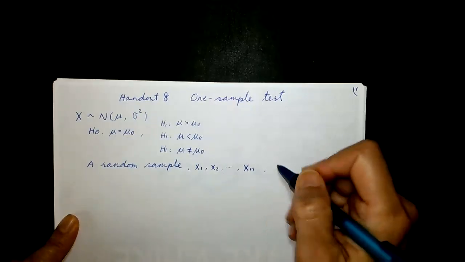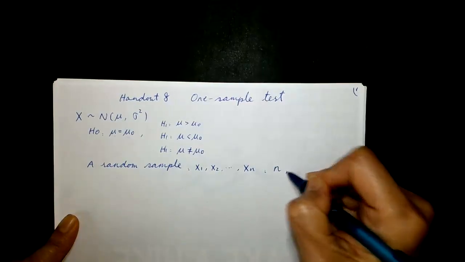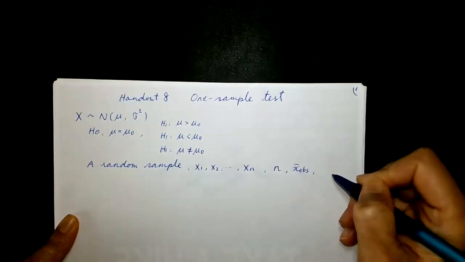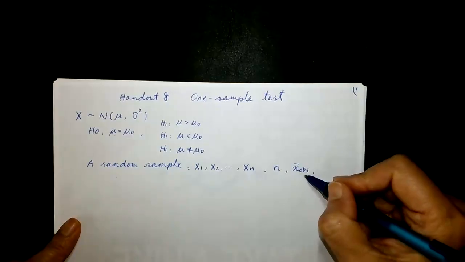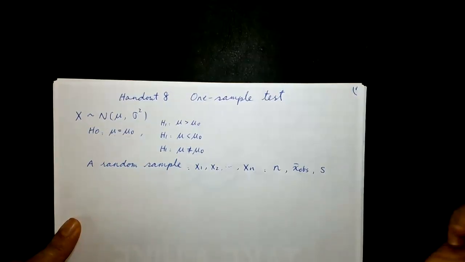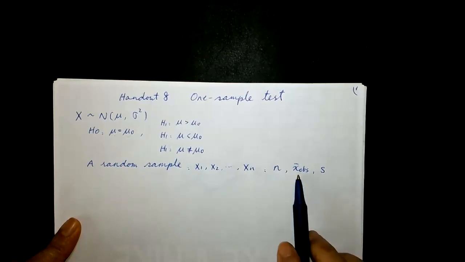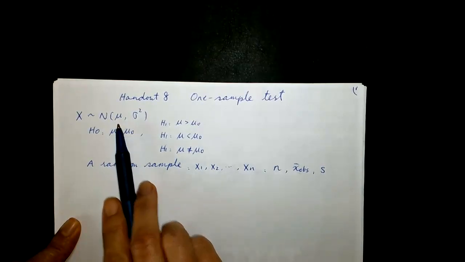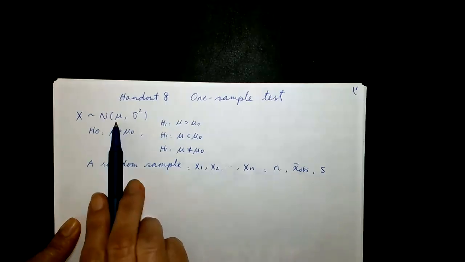From the random sample, obviously we know the sample size N, sample mean, and sample standard deviation. Notice the language I'm using, sample. Since we are testing mu, population mean, the sample mean is an unbiased estimator for population mean.